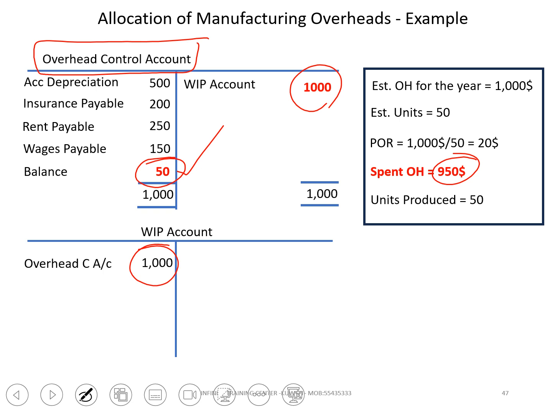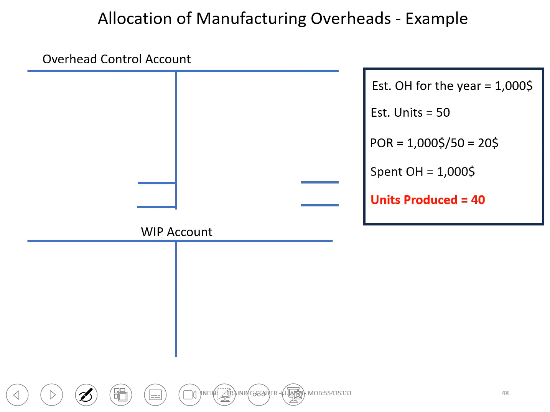Okay, so when there is a difference between the estimated amount and what you actually spend, you can have a variance, or you can have overhead which is under applied or over applied. And another factor to calculate the POR is the allocation base, right?